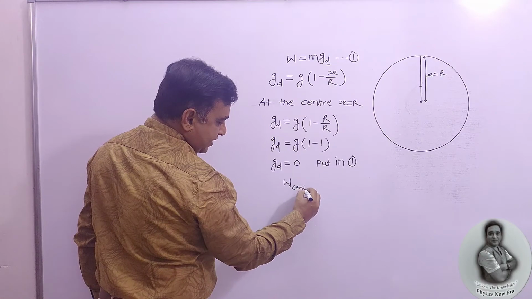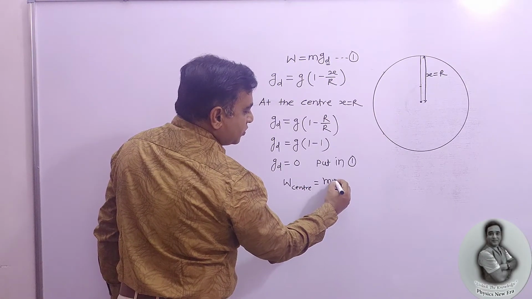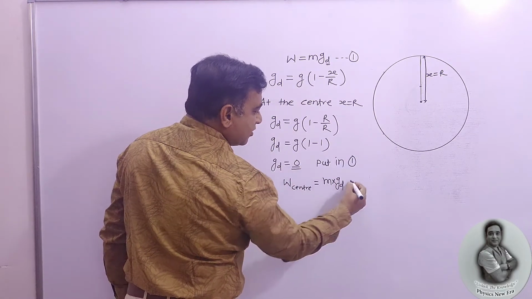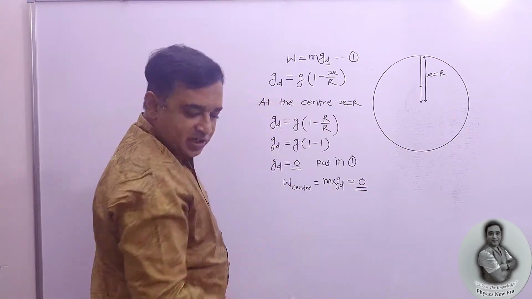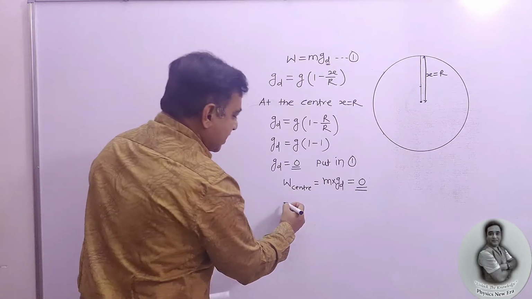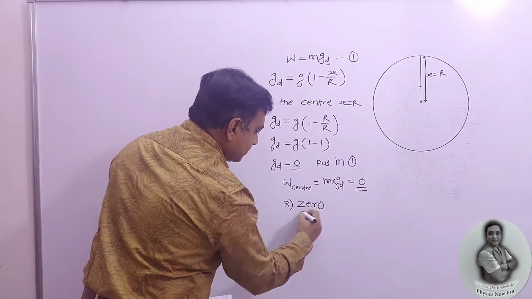Weight at the center is equal to m into g_d, and g_d at the center is 0, so the weight is 0. Which option is correct? Option B is correct, that is 0.